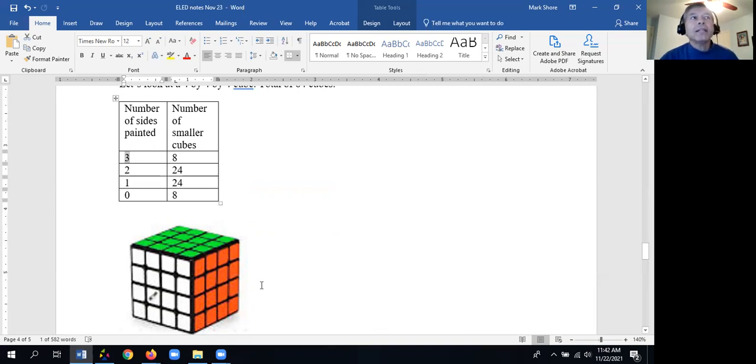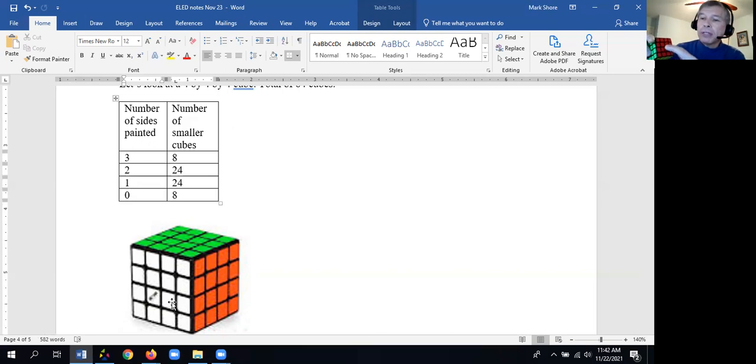Let's skip the 2 a second. That might be difficult. Let's go to the 1 side painted. Okay, let's go to this one. 1 side painted. Well, you can see all 4 of these have 1 side painted. That's just like right here, all 4 of these have 1 side painted.